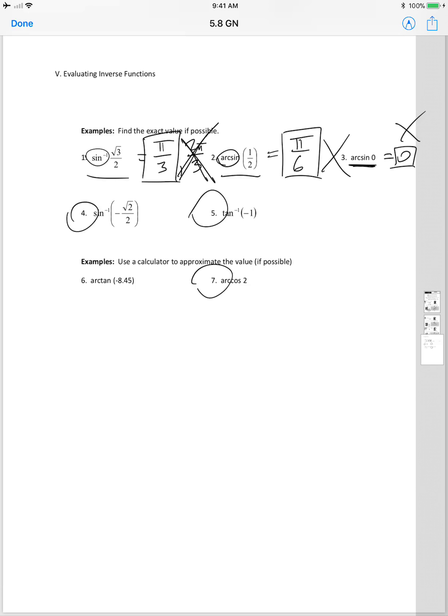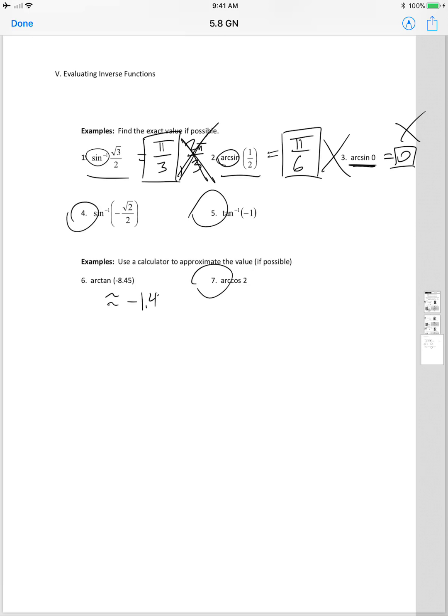So for number 6, if I want the arc tangent, the inverse tangent of negative 8.45, first I'm going to make sure I'm in the right mode. Negative 8.45 is radians, so make sure you're in radian mode. And then you're going to press second, the tangent function, that gives you the inverse tangent, and then plug in negative 8.45.